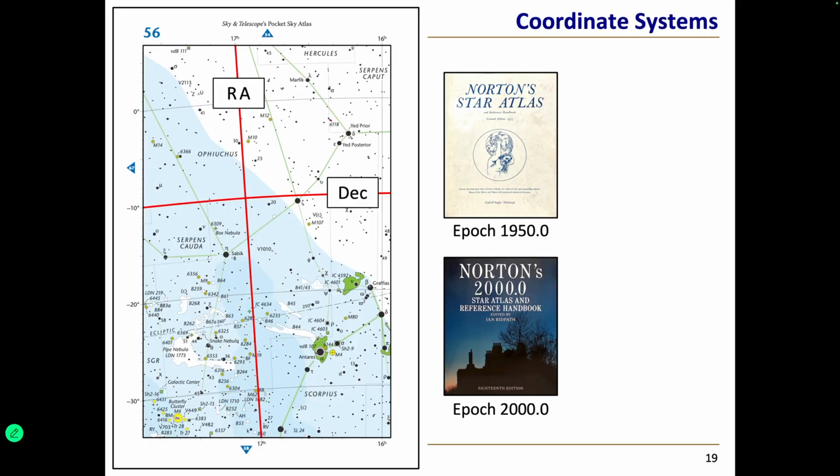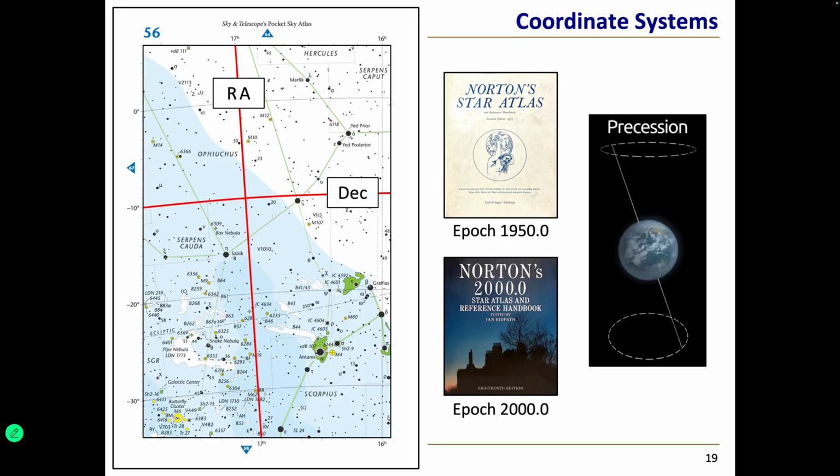And we need to worry about the so-called epoch, the date at which the coordinates are calculated, because the coordinates change. Remember, the coordinates are relative to the pole and equator of the Earth. But the pole and the equator of the Earth are continuously changing due to precession.